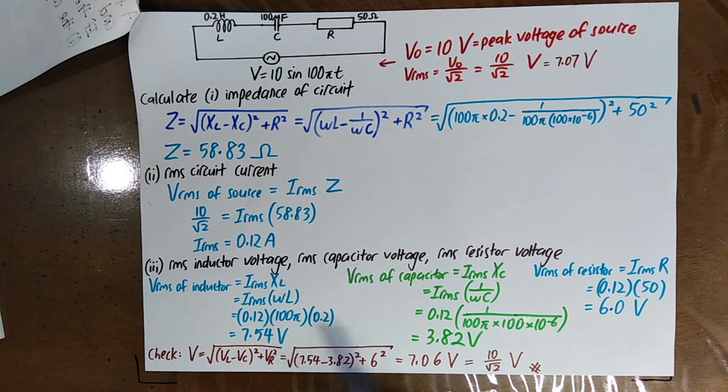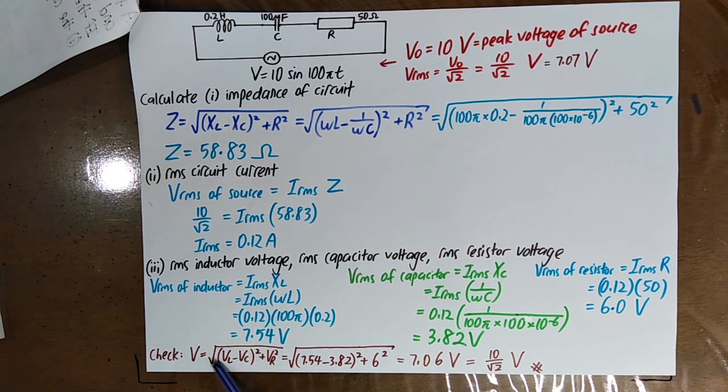After getting those answers, you can check whether your answers are correct or not by using this formula. The voltage source is equal to this formula. That means that you substitute everything inside, and see whether you can get the root mean square voltage of your supply or not.